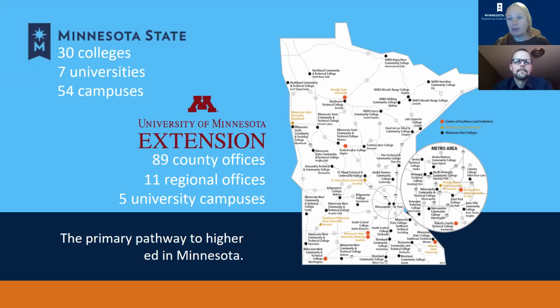So with Minnesota State, we have the Centers of Excellence, which there's 8 of the different centers that each represent a different key industry within the state, but we serve all of the 37 colleges and universities within the state, which you can see on the map here.